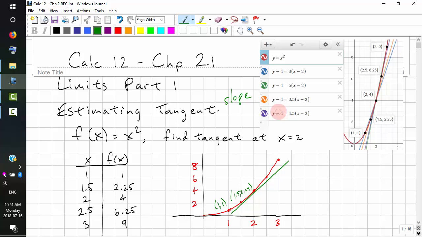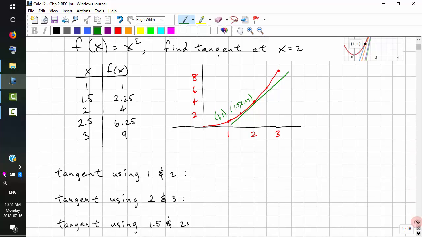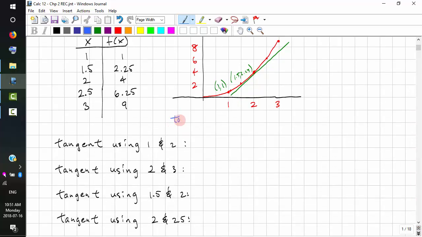Okay, so we can estimate the slope using 2 points. The tangent slope is approximately f of x2 minus f of x1 over x2 minus x1. And you'll notice that this is rise over run.